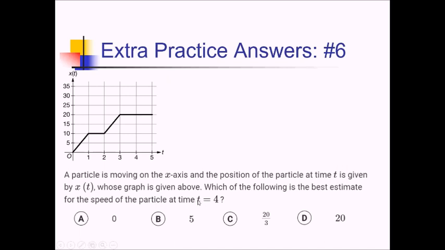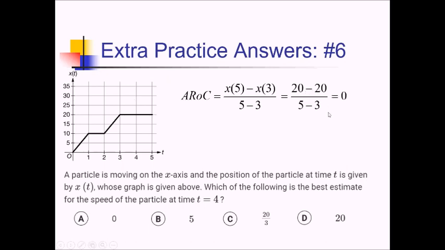So we're basically asking, what's the velocity then of the particle at time 4? And we can estimate that by finding the average velocity over an interval that contains 4, such as the interval here from 3 to 5. So we can do x of 5 minus x of 3 all over 5 minus 3. Well, that's going to be 20 minus 20 over 5 minus 3, which all comes out to 0.